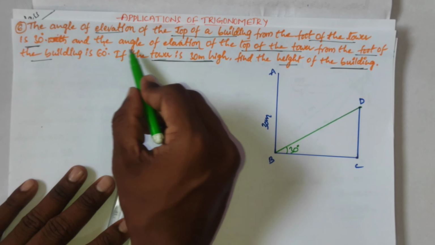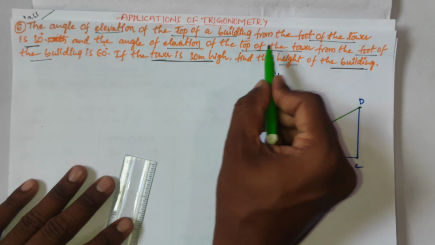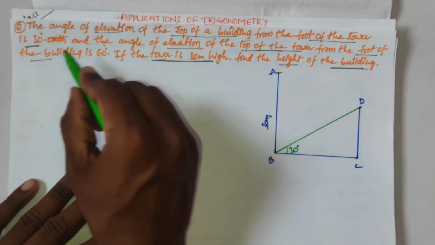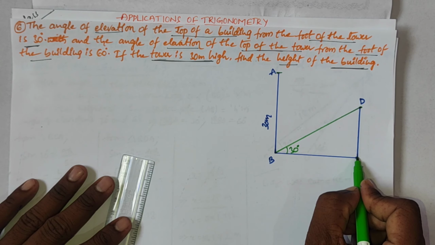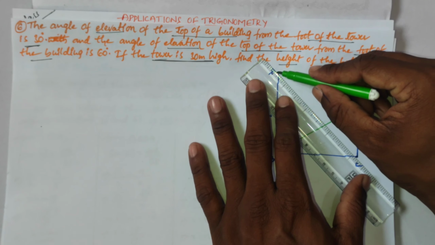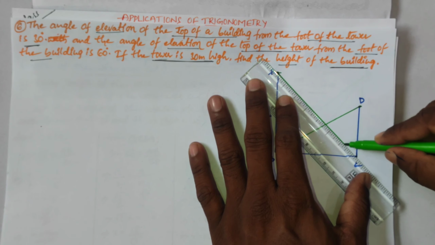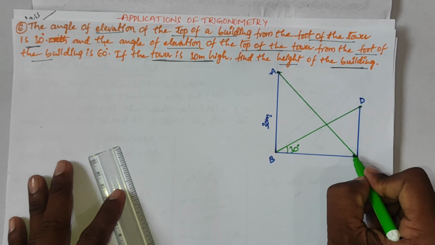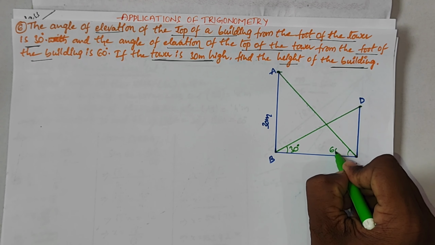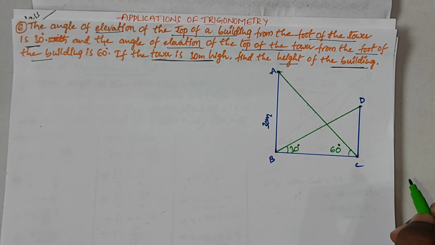Next, the angle of elevation of the top of the tower. Top of the tower is A here, from the foot of the building. Foot of the building is C here, is 60 degrees. Top of the tower from the foot of the building is given as 60 degrees. Is it clear everyone?